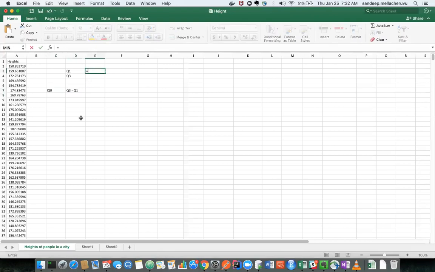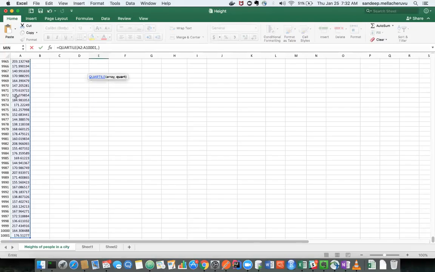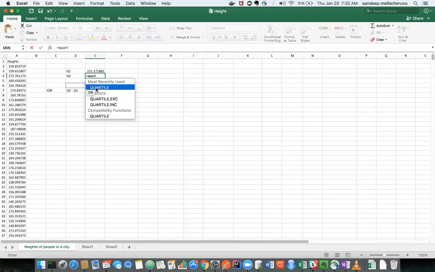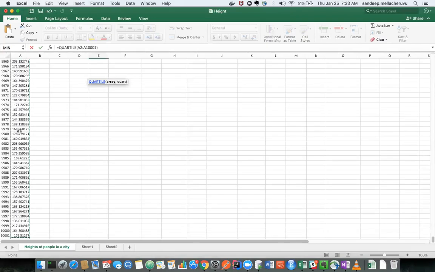How do we do that? You type in equals and then type quartile. Select all the heights that you have at hand, comma, first quartile. Again, quartile. To select all the data, just select the first cell, Control Shift and down arrow, comma, third quartile.